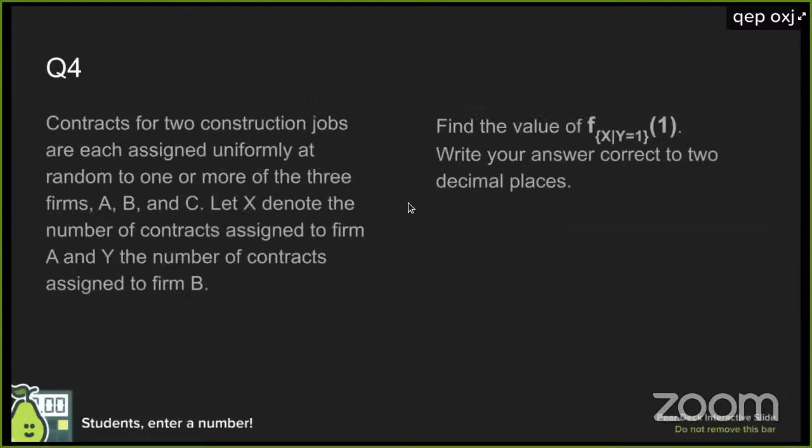Okay, so we'll move to question number 4. What I told you about how to find the PMF table, you can prepare a PMF table for this also, and then find the conditional density.